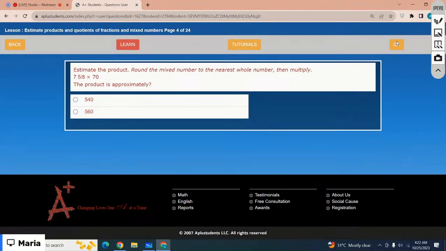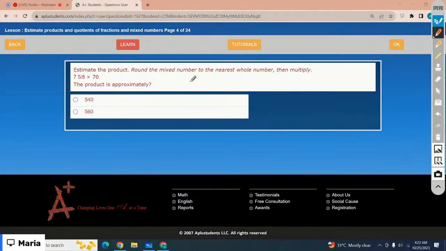Okay, estimate the product, round the mixed number to the nearest whole number and then multiply. So 7 whole 5 over 8, right? 5 over 8 means more than half the portion is covered. So 5 by 8 is greater than 1 over 2.